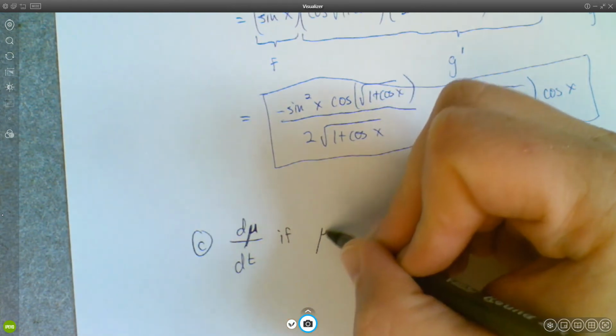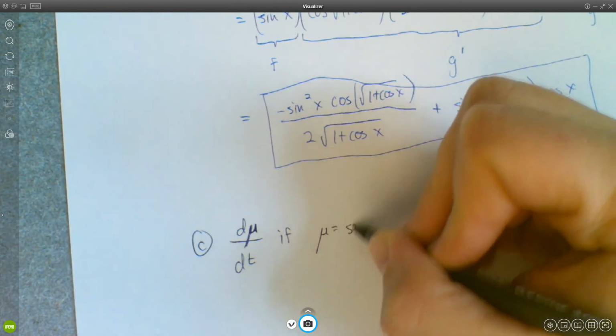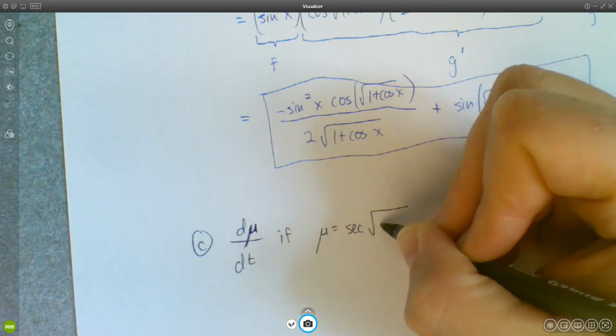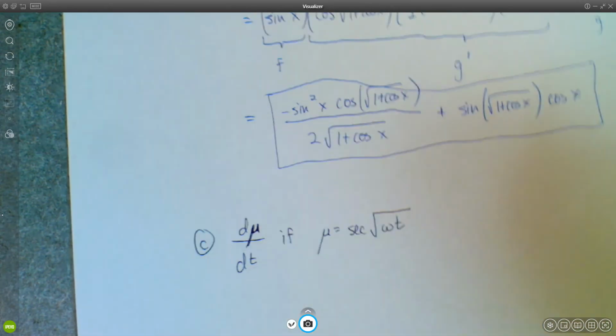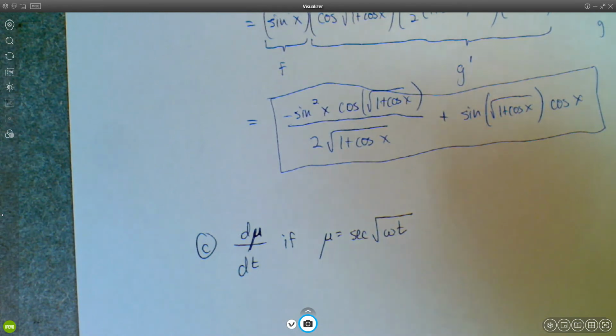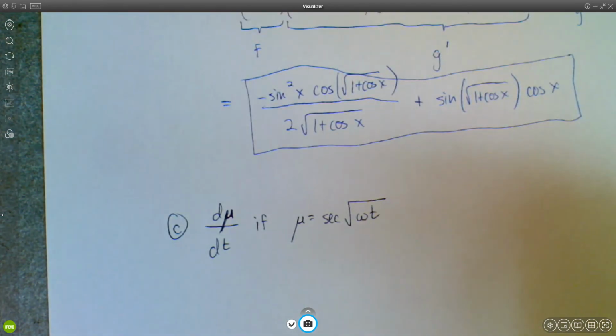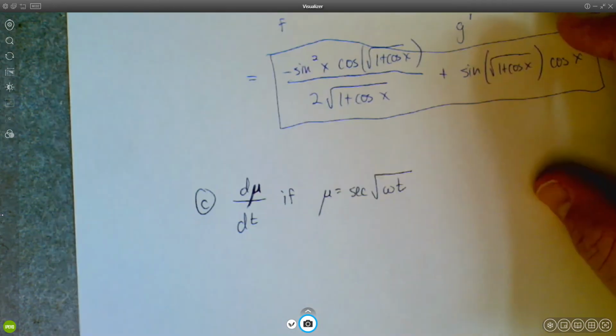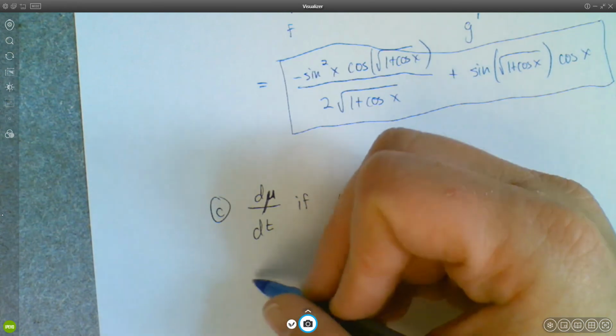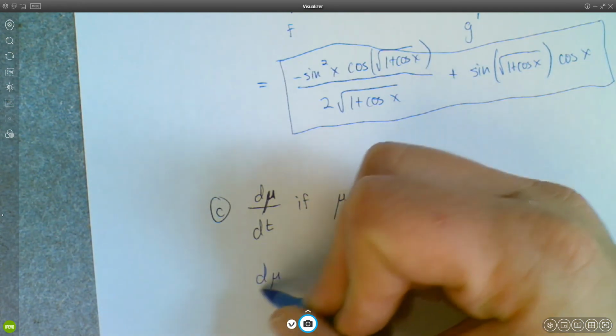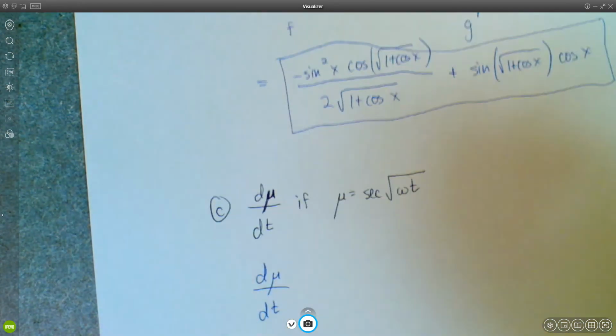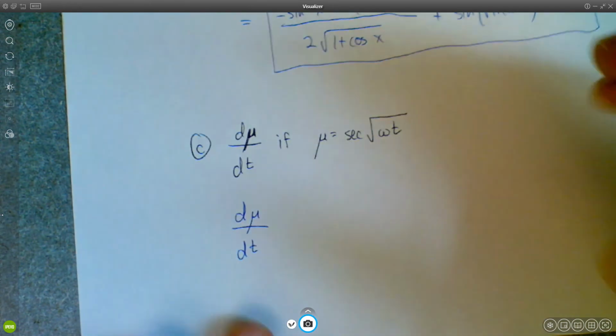If mu equals secant of the square root of omega t. So this really isn't that difficult. It's just throwing some Greek letters in there. So the symbols might be a little bit like, oh, what are all these things? They're just variables. They're just Greek letters. By the end of calculus, you'll know your Greek letters pretty well, I think.